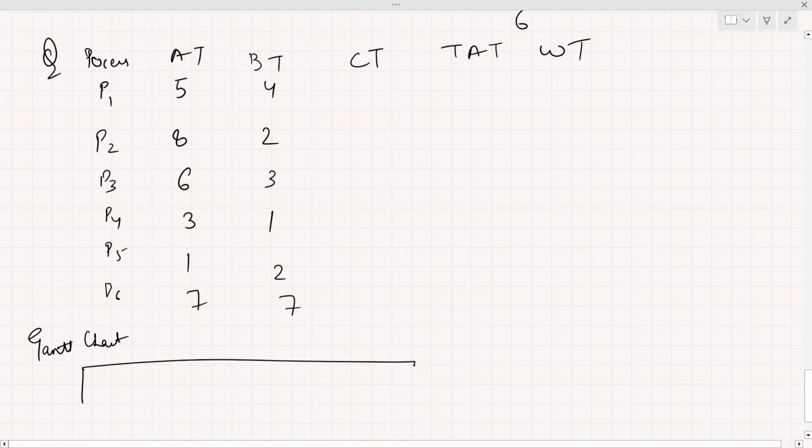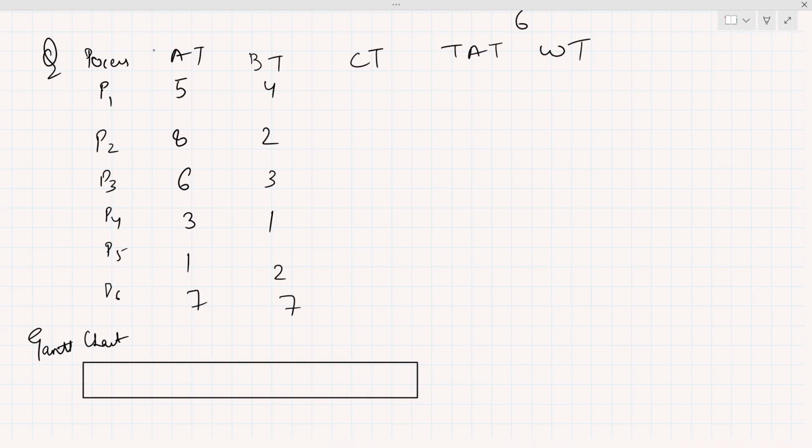This is a very important question to understand the concept of FCFS very clearly. Why do I say this? Because here you can see there is no arrival time starting from 0, but we know that the Gantt chart always starts from 0. So what can we do if there is no process at 0?